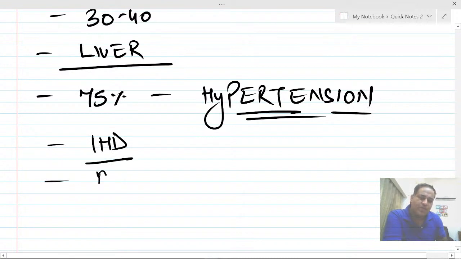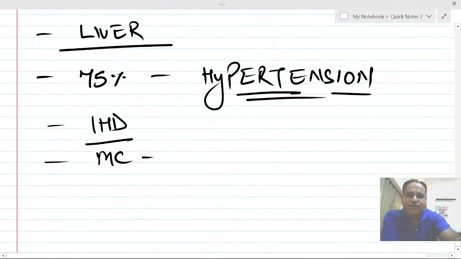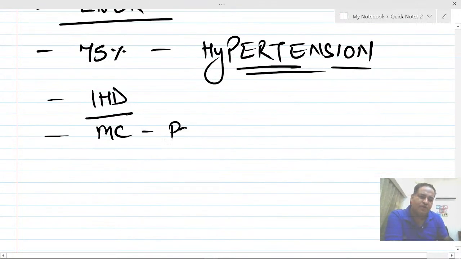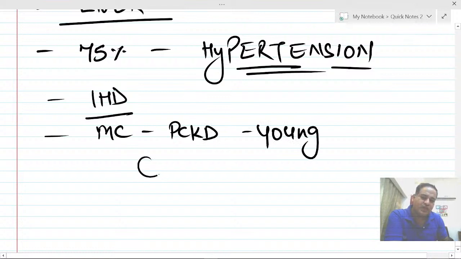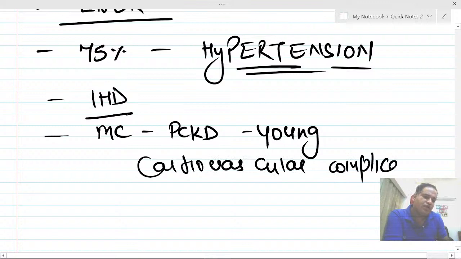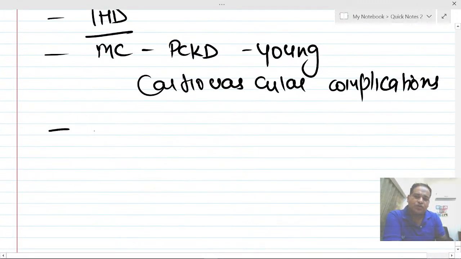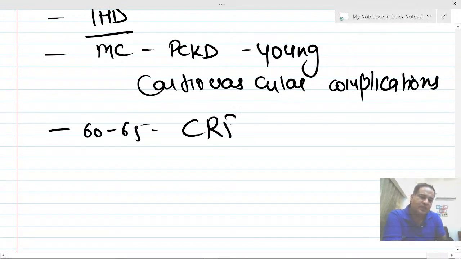That is why the most common cause of death in polycystic kidney disease, if the patient dies young, is cardiovascular complications. Fine. If the patient lives up to 60-65 years of age, then the most common cause of death is chronic renal failure.